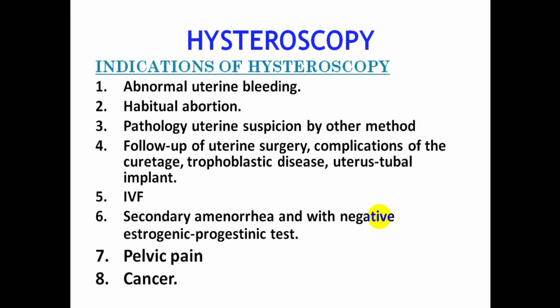endoscopic surgery is hysteroscopy, looking inside the uterus. Indications of hysteroscopy: abnormal uterine bleeding, habitual abortion, pathology of the uterus suspected by other methods, follow-up of uterine surgery, complication of curettage, trophoblastic disease, uterine tubal implant, IVF, secondary amenorrhea with negative estrogen-progesterone test, pelvic pain, cancer.